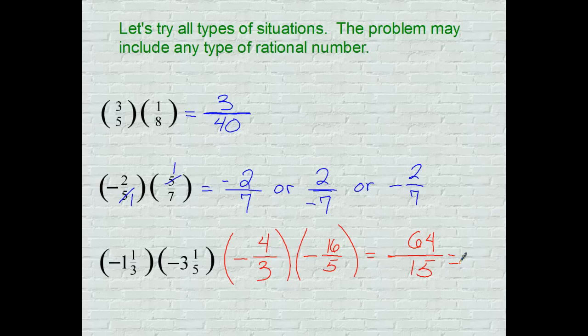Positive 64/15 is improper. So 15 goes into 64 4 times. That's going to get me 60, with 4 left over my denominator. Is that fraction simplified? Yes. So positive 4 and 4/15.